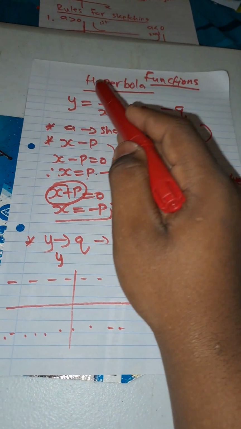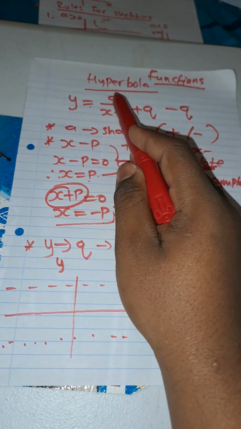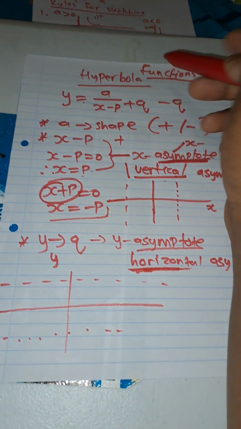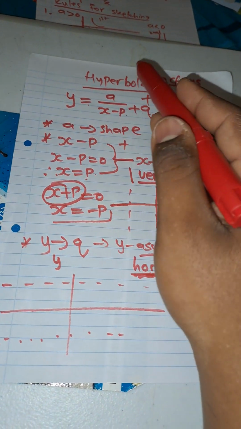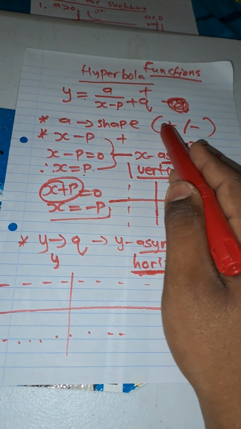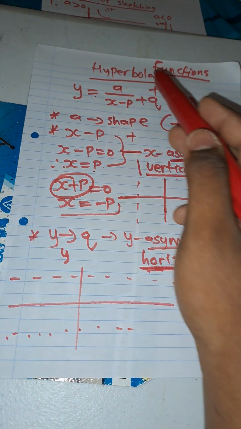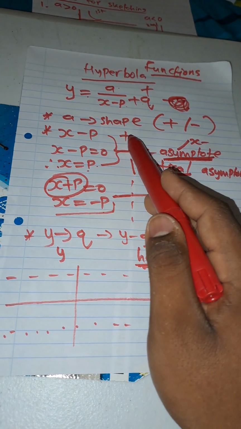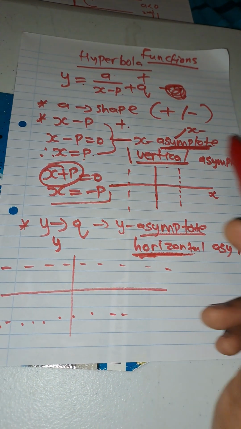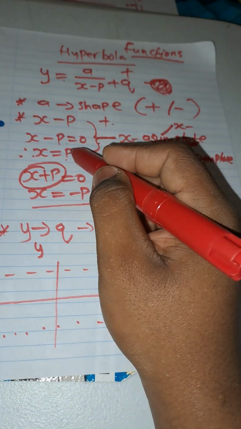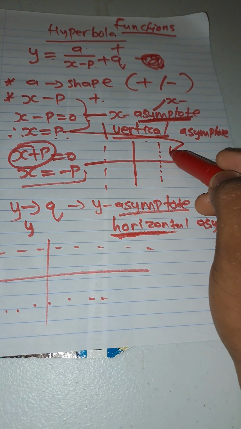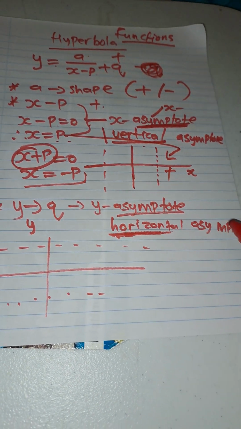Hyperbolic function: I have my general equation y equals a over x minus p, plus q. This one is a positive graph, because my a is positive, and a is the one that determines the shape of the graph. And x minus p is positive, because when you solve it, x minus p equals 0, and then x equals p, which means I cut my x-axis vertically in the positive side of the graph.